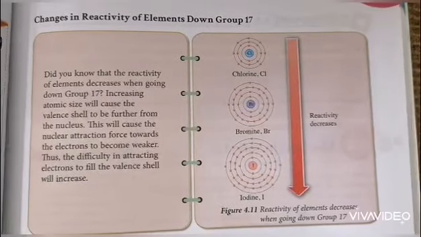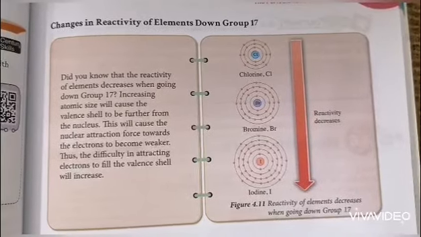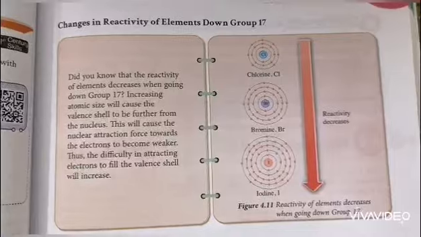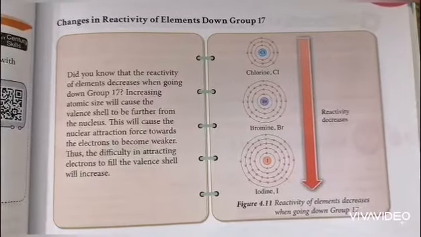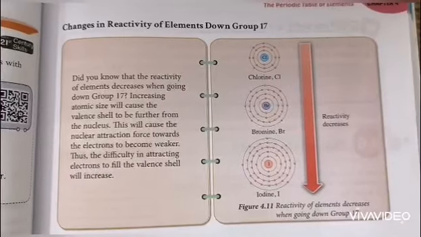So all group 17 elements have the same chemical properties. They have the same reactions. But what's different? Their reactivity is different.